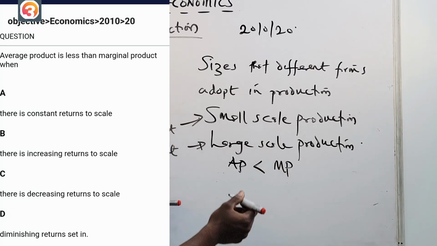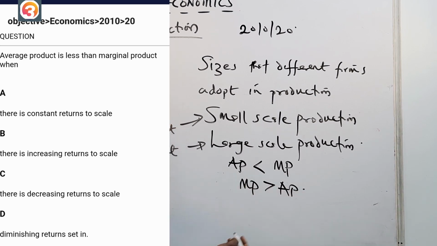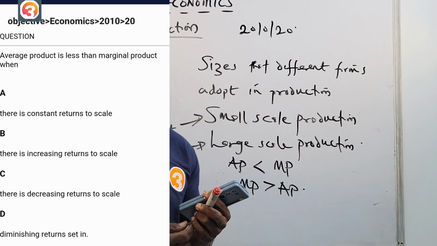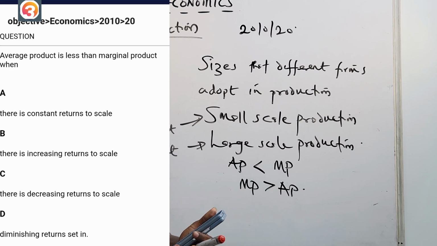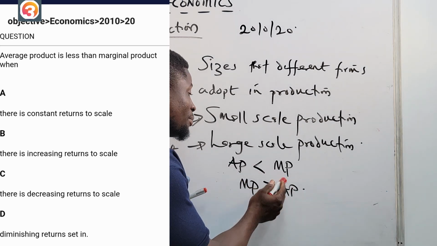What does it mean in terms of inequality? It means marginal product is greater than average product. You must understand the question, because that is your first step of filling a question.